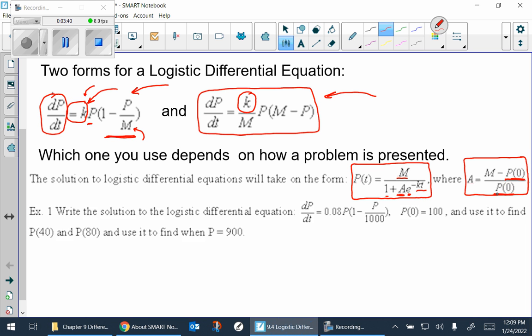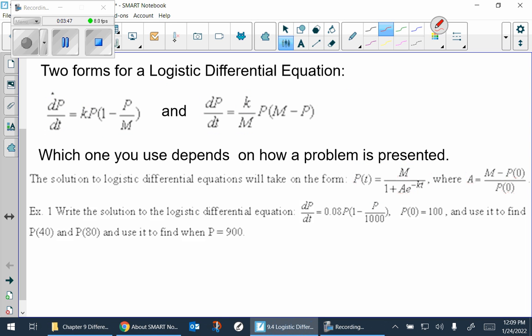This has got some complexity to it. So, with that in mind, nice that we don't have to separate and integrate. Nice that they have given us a formula for the solution for the population at any time. Nice that they've given us a formula to figure out what A is.